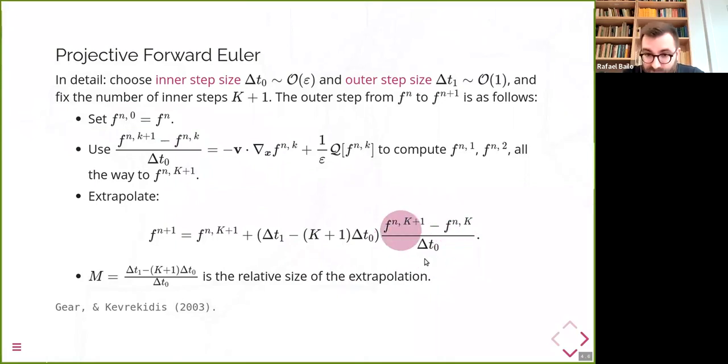This is the total time derivative. And then you do forward-Euler. You say, well, the next point is the previous point plus the derivative times some delta t. So it's almost too simple. The first time I saw this, I thought this cannot possibly work. And in fact, it does. It was first introduced in 2003 for ordinary differential equations. It has been used in a range of problems, and it works surprisingly well.